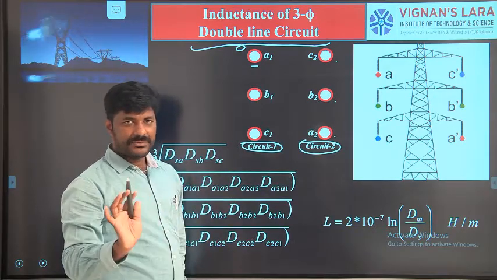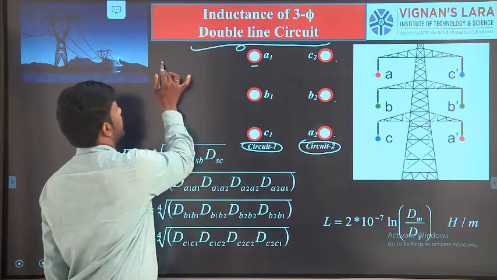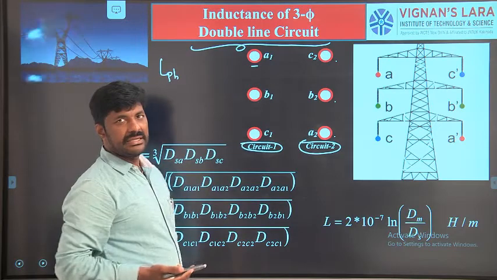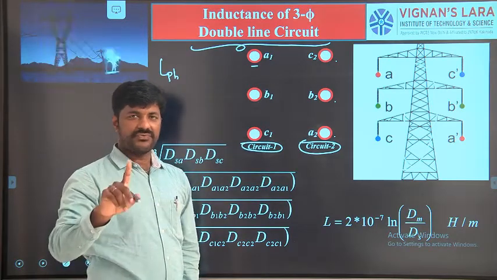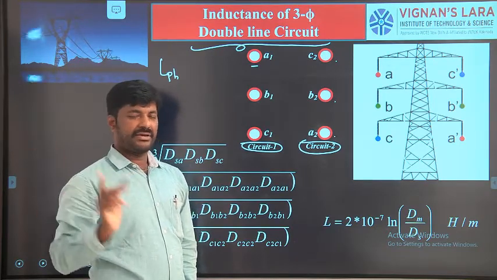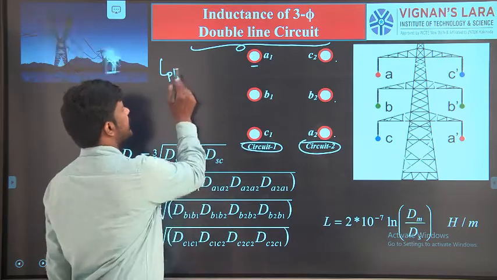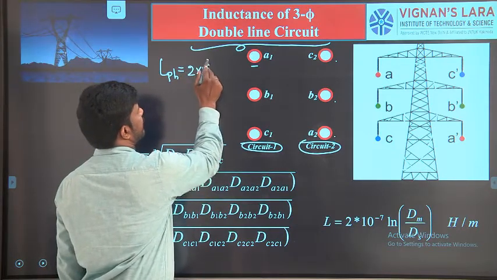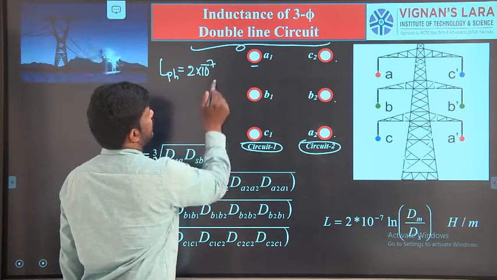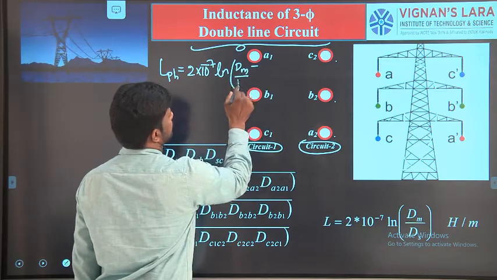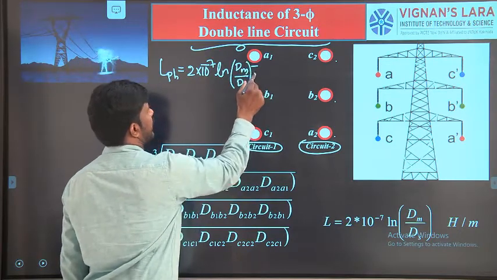What is our objective now? Our objective is to find the inductance per phase, because all these are balanced systems. If you find it for one phase, then by default you can obtain the same for the remaining phases also. That is why for inductance per phase, you know the formula, 2 into 10 power minus 7 ln of Dm by Ds, Henry per meter.